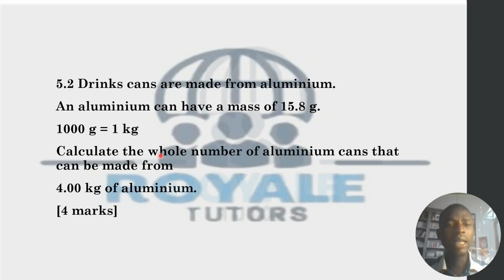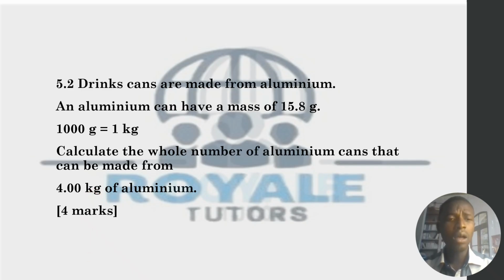So calculate the whole number of aluminium cans that can be made from 4 kilograms. Like I said, it's a 4 marks question. Don't forget the parameters. The mass given here is 15.8. Then we are calculating the whole number of aluminium cans that can be made from 4 kilograms.